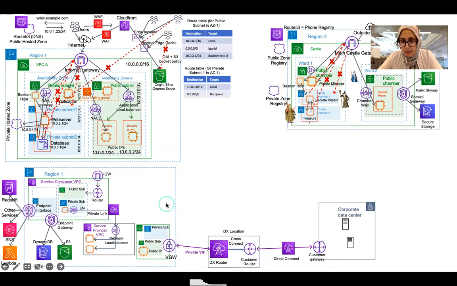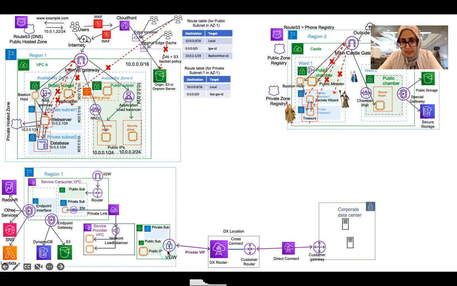You look up Direct Connect location providers closer to your region, reach out to them through your console, and say, I want to have this Direct Connect connection. I won't go into details of how that works in this video, because I'm going to be talking about the architecture.